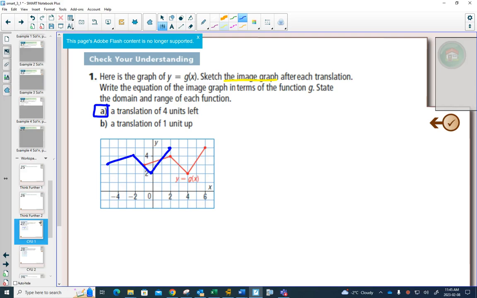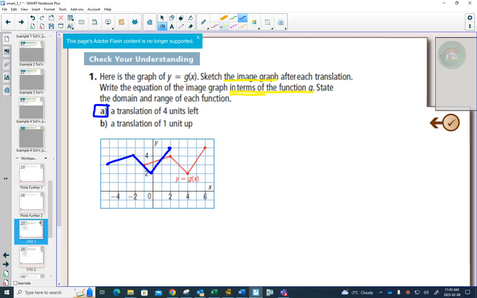Now the second sentence, in particular, this comes up a lot. I'm going to double underline the in terms of. What does it mean when they want us to write the equation of the image graph, that's our blue graph, in terms of the function g? Whenever they say in terms of, that means you need to have the function g on the right-hand side of your equation.